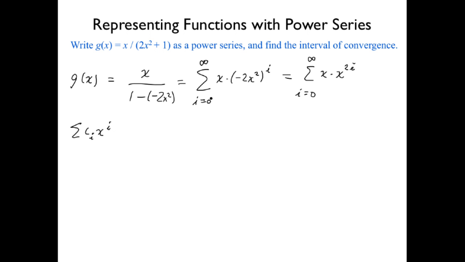And then we also have the negative 2, which is going to be negative 2 to the i. Which means we have x to the 2i plus 1. We have 2i number of x's, and then we always have one more x, so 2i plus one more x multiplied together.